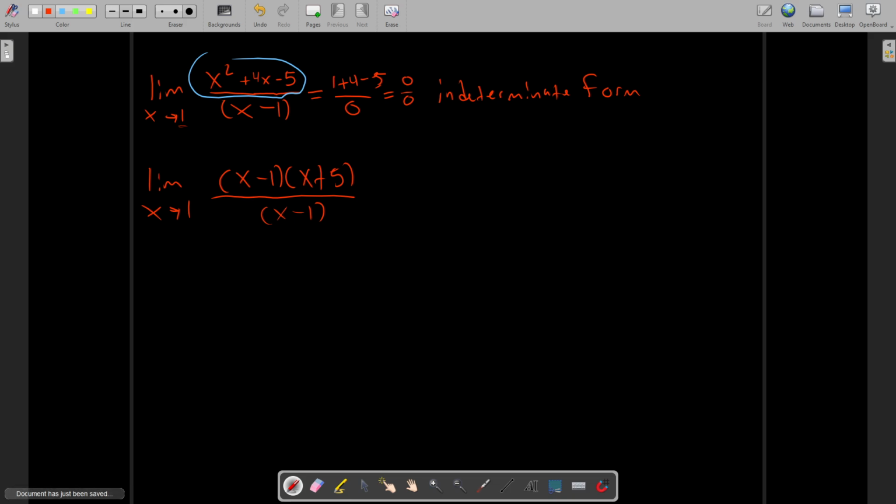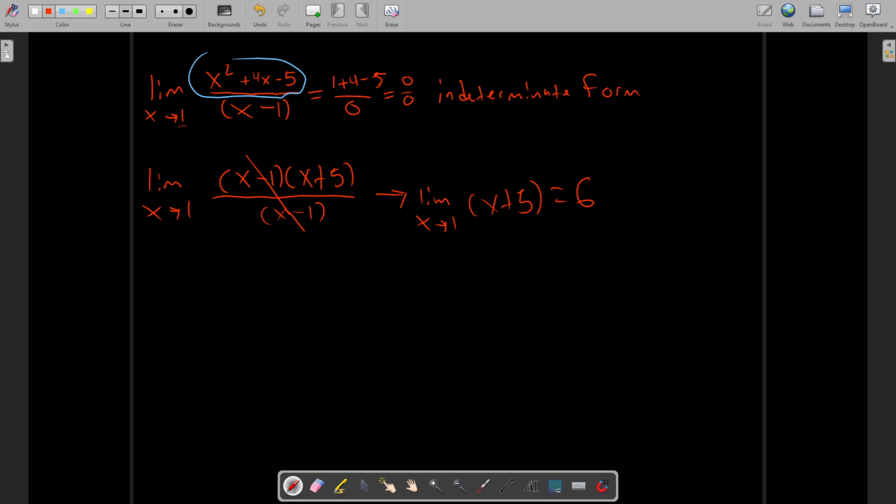And so you can see here that the x minus 1s, well, you can just cross them out. So you can actually solve this because when you cross those out, this would result in the limit as x approaches 1 of x plus 5. And then if you just plug in the 1, you would have 6 here.